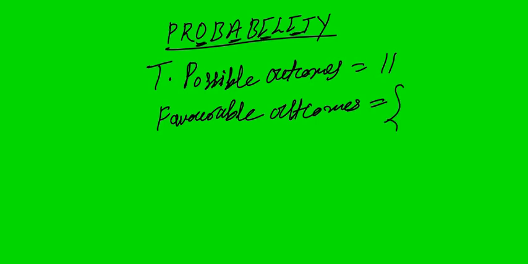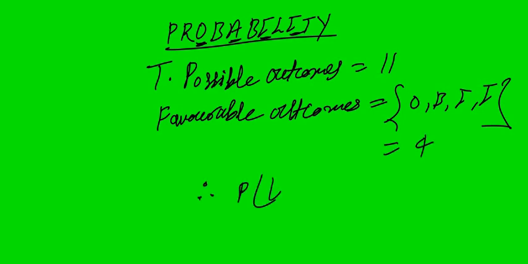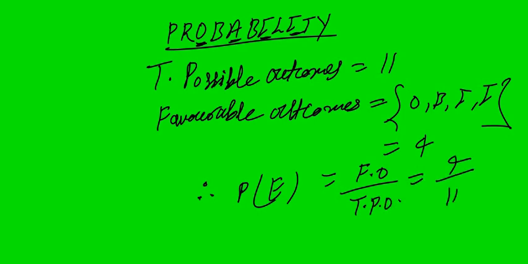That means O, A, I and I, so the favorable outcomes are 4. Our probability is favorable outcomes divided by total possible outcomes. This is our formula. So it will be 4 by 11.